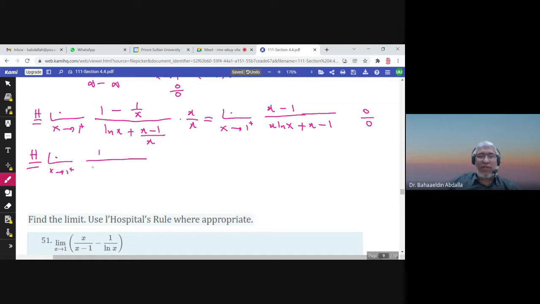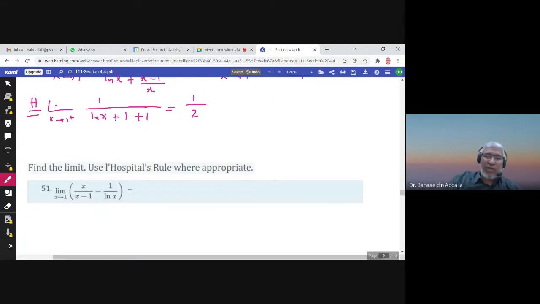For x ln x, the derivative of x is 1, plus x times the derivative of ln x, which is 1 over x. x times 1 over x is just 1. And the derivative of x is 1, and the derivative of negative 1 is 0. Now I have ln 1, 0, and 1 plus 1 is 2, so the answer is half.